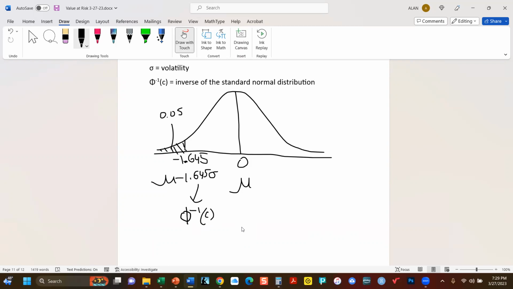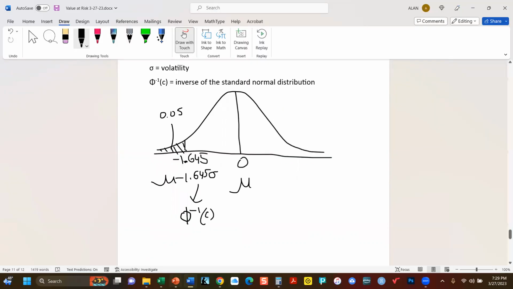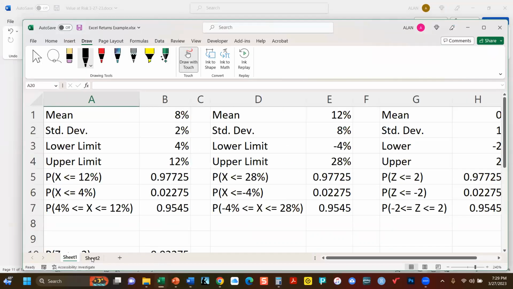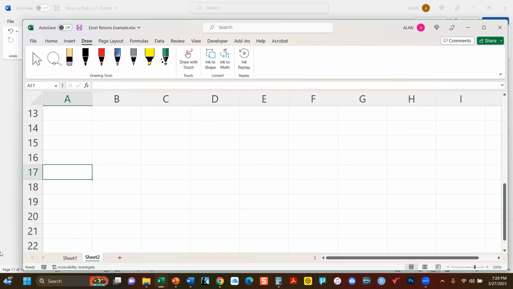Now, in Excel, what you would say to it is, listen, I don't know where this is. How did we get that?